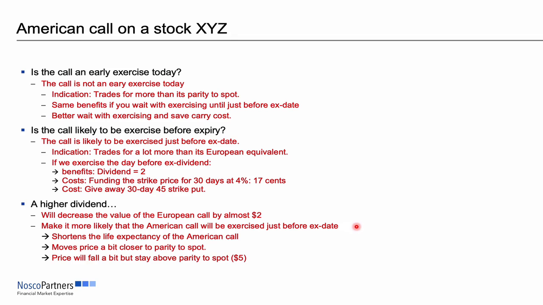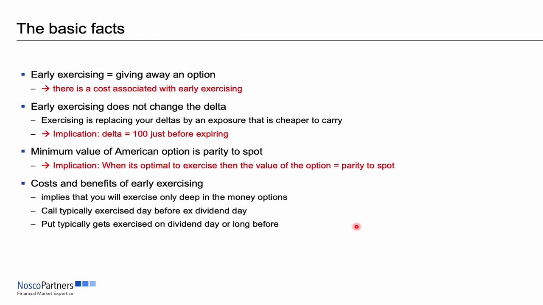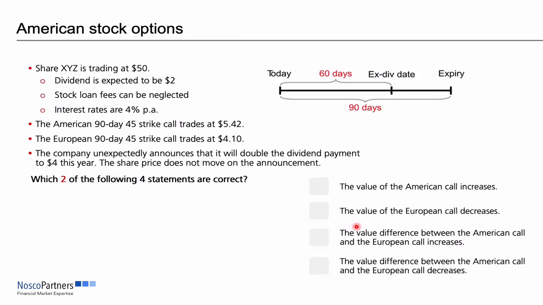And so let me go back to our list of potential answers. The value of the American call increases. That's not the case. But even if you were not sure about that, you see here we clearly give you how many answers are correct. So 2 out of the 4 statements are correct.